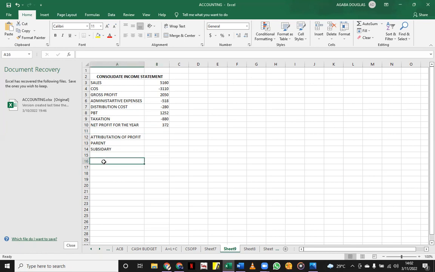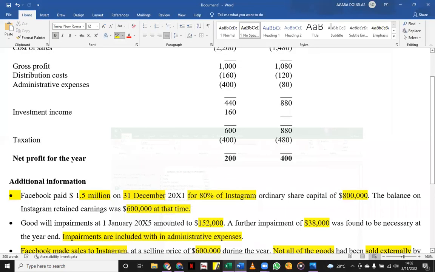Now, this is where we need also to pay attention. Remember, we have our NCI as 20%. So people also make a mistake when they get here. They get 20% of 372, and then they get 80% of 372. The first thing that you need to do is get this 20% not on the net profit for the year, but for the question.